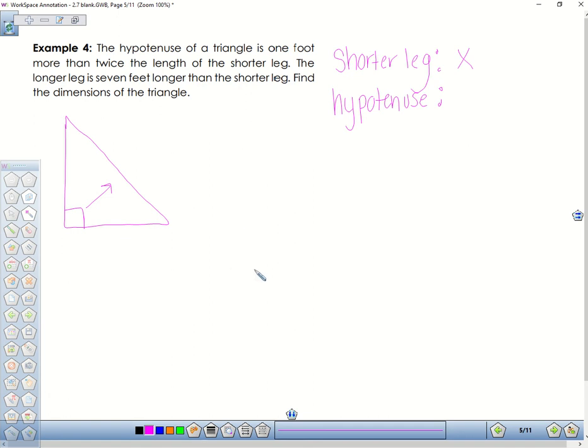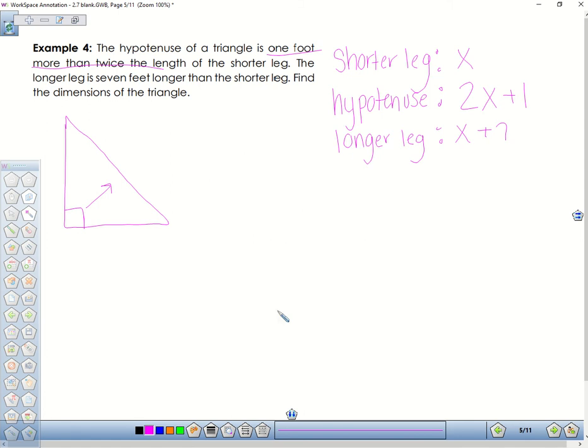So how would I represent that as an algebraic expression? Good, 2x plus 1. And lastly, we have our longer leg. The longer leg is 7 feet longer than the shorter leg. So how do we represent that algebraically? You got it.